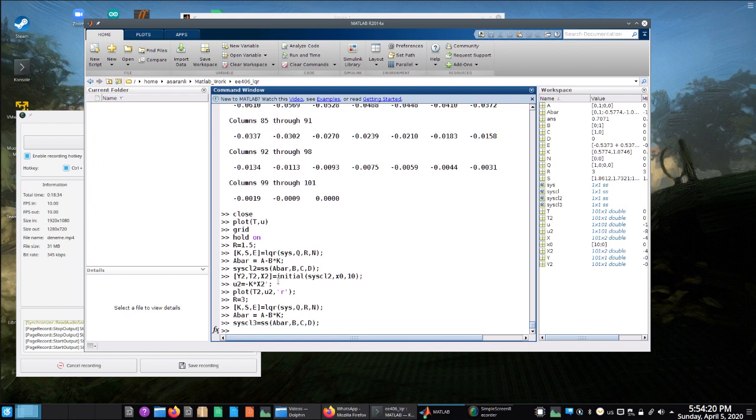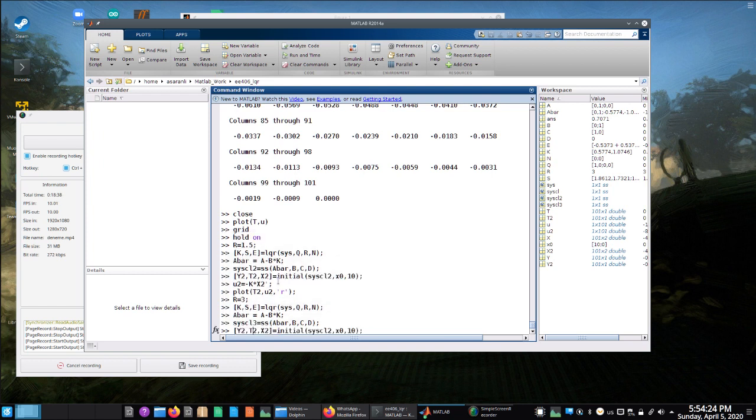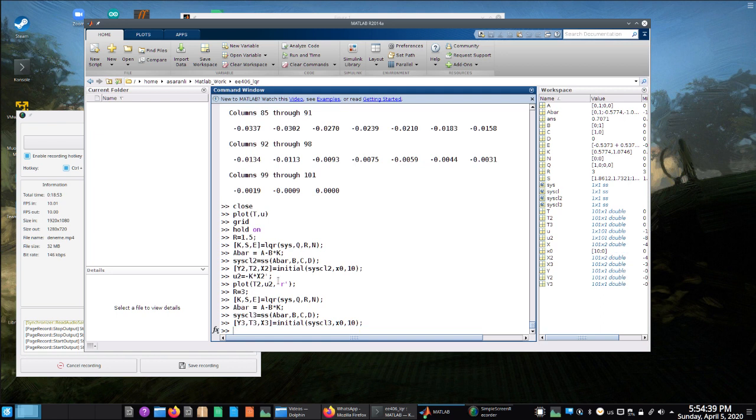Again, another initial condition simulation, and let's call this 3, T3, X3, sys closed loop 3, same initial condition, same time duration. Okay, we have the calculation. U3 will be equal to minus K times X3 transpose.